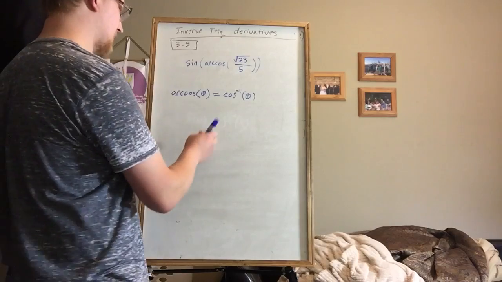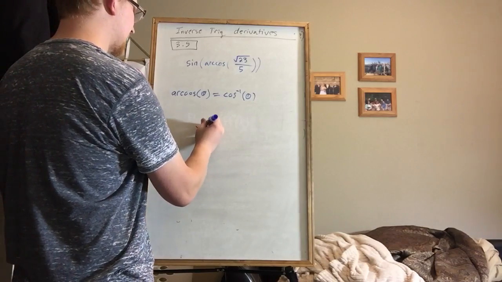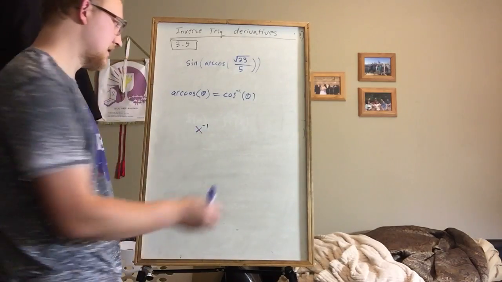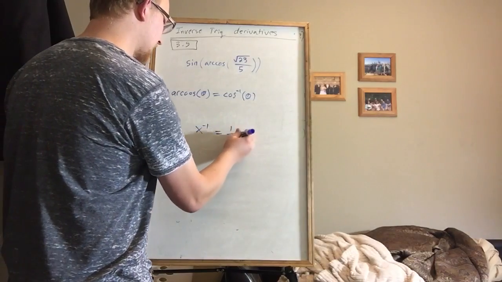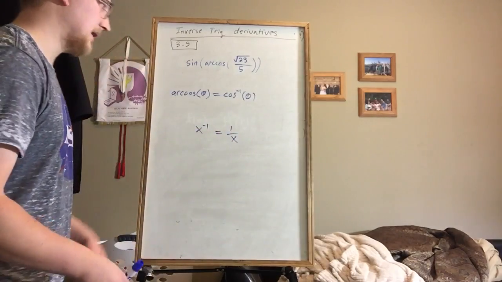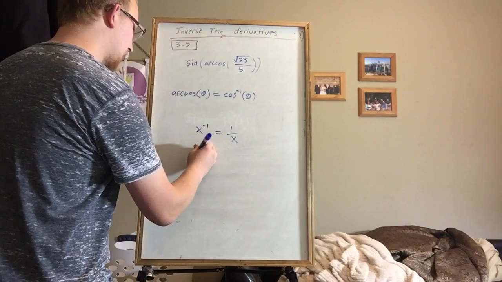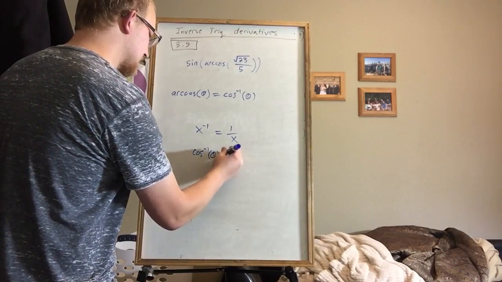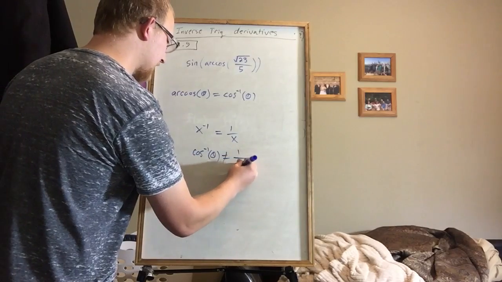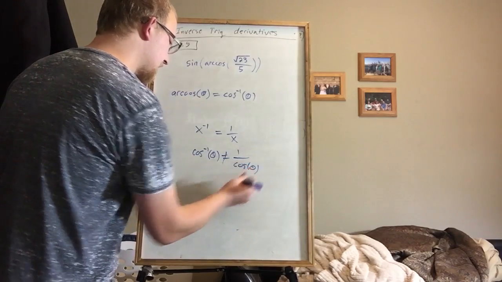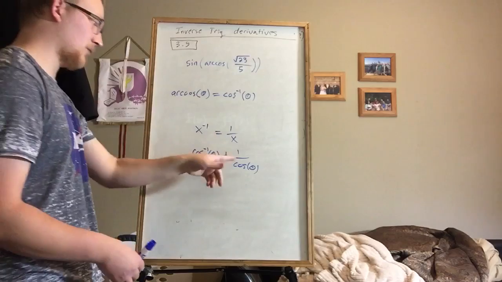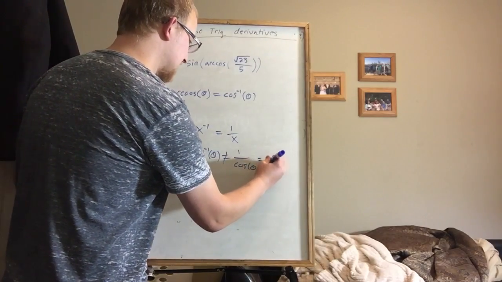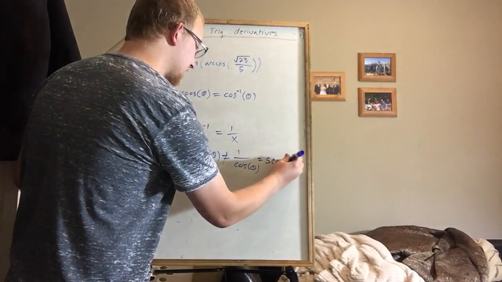But one of the things that bothers me is, for example, if I have x to the -1, I could write that as 1 over x. And here's where the problem is: cosine minus 1 of theta does not equal 1 over cosine of theta. In fact, 1 over cosine of theta equals secant of theta.